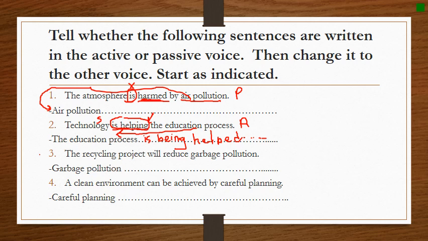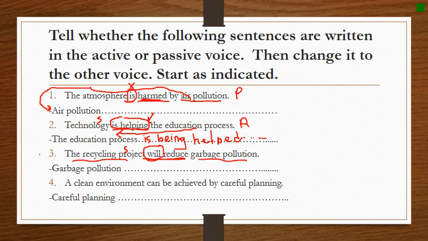Three. The recycling project will reduce garbage pollution. Okay, this is in the future simple and it's in the active form. There's no verb be plus past participle. Subject, verb, direct object. Garbage pollution will. When you have will or any modal, will, can, could, shall, should, you write the same modal here.